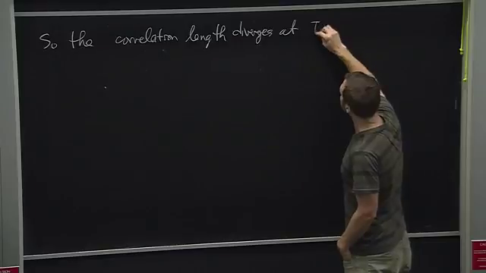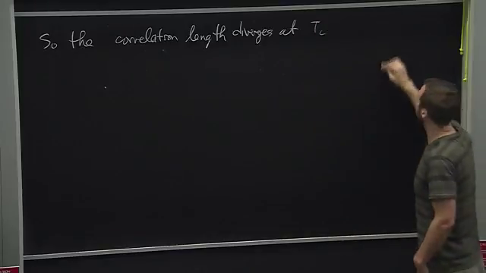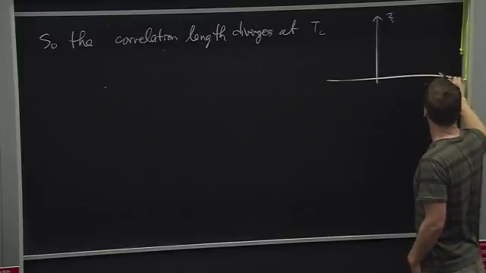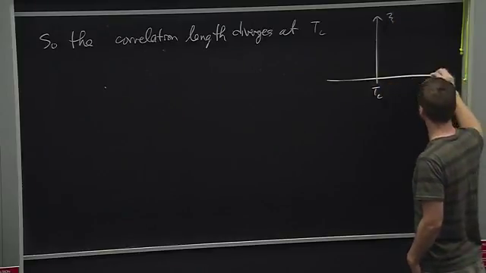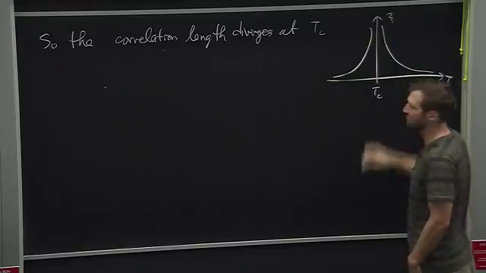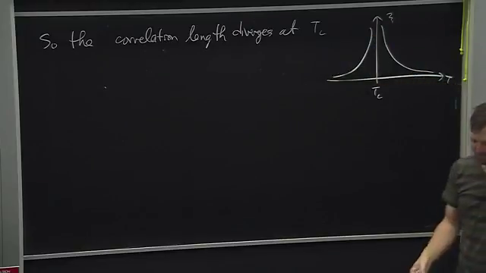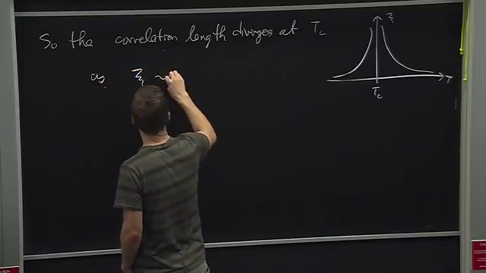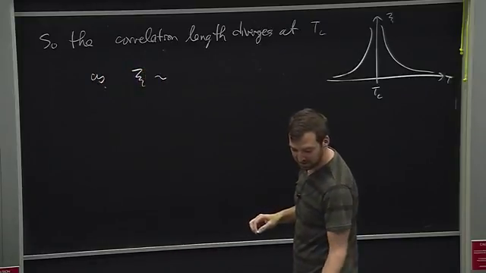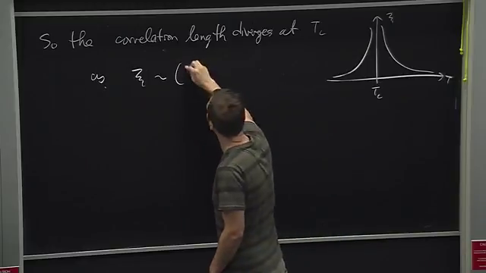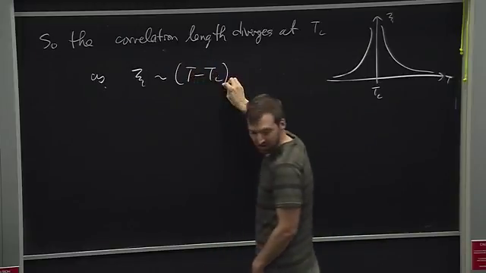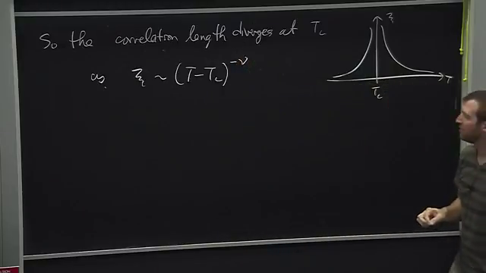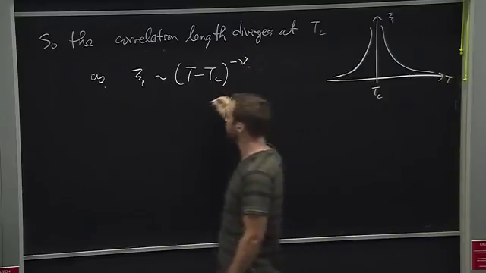It diverges at Tc. Okay, so it looks like, I don't know, something like this. And the dependence on T minus Tc generally is like this, which defines the exponent nu.